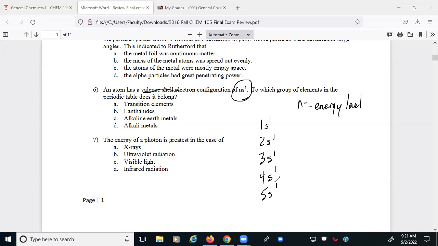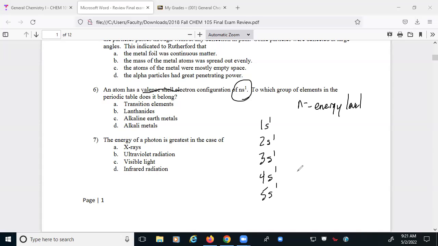Remember, every configuration starts off with 1s1 or 1s2, 2s2, 2p6, 3s2. The first sublevel in any energy level is that s sublevel. It's the lowest energy. So the fact that we're talking about the first element in the first sublevel means we're talking about group 1 here. Now, what is the name of group 1?